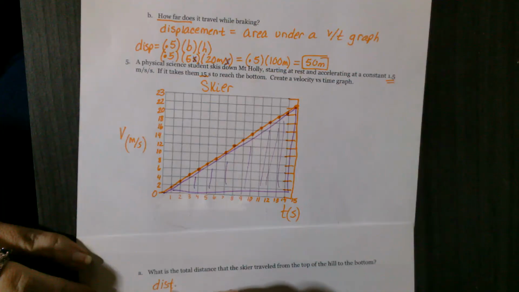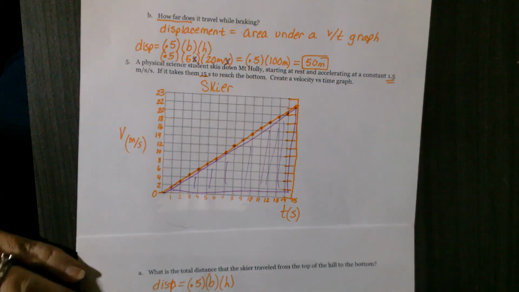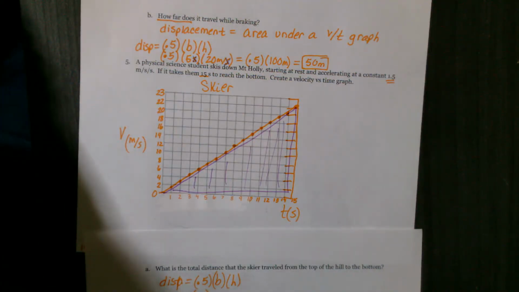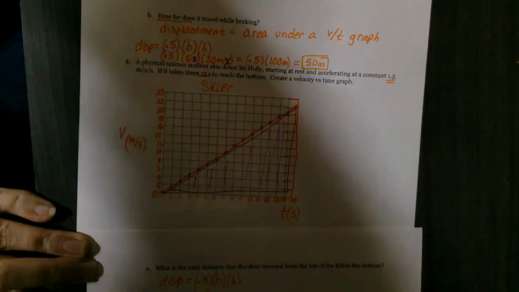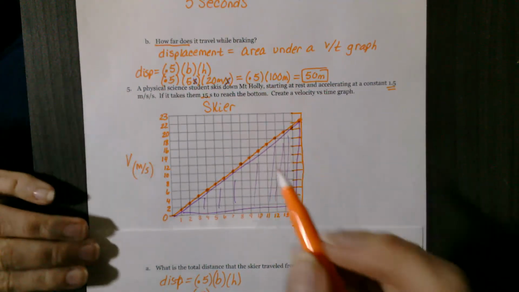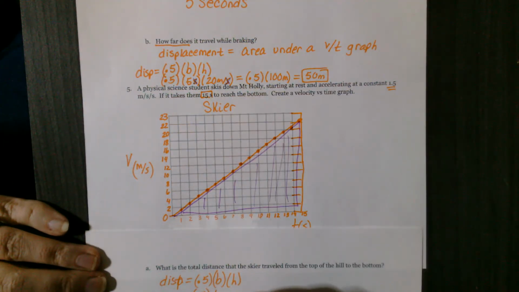Okay. And we are going to go distance or displacement equals 1/2 base times height. So we've got 1/2, and our base is what? Up in our question, it did say that they had 15 seconds, and that's our base. 15 seconds.